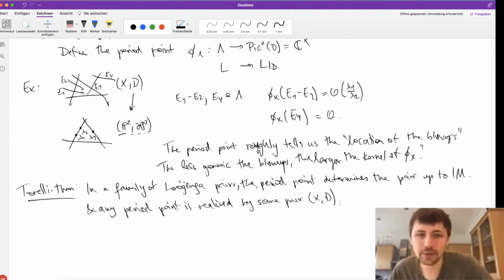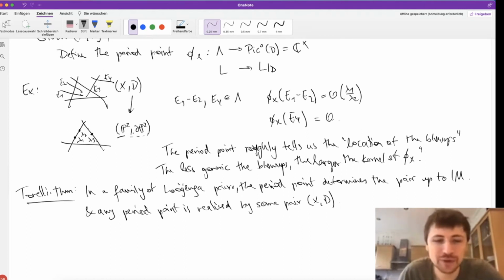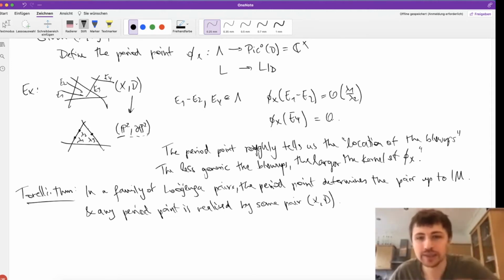And in a way, this theorem becomes a bit obvious if you look at this picture, because if we believe that the period point roughly tells us the location of the blow-ups, then all the Torelli theorem is saying is that if you know the location of the blow-ups, you can reconstruct X. And that's obvious because you can just blow up these points and you get X. Of course, there are some subtleties in there, and it's not as easy as that.